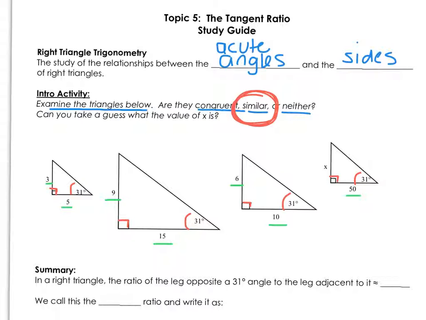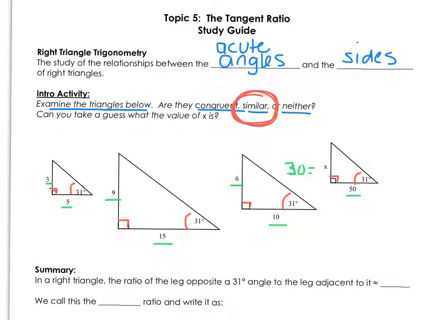What's x? Can you take a guess? Maybe you were able to use a pattern. Did anybody get 30? If you did, give yourself a pat on the back.